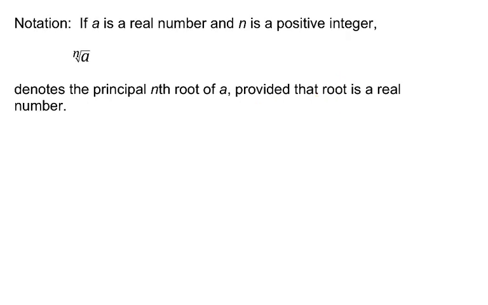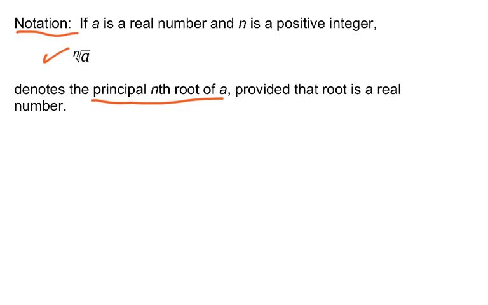Now, I'm sure you're tired of seeing me write out in words that the third root of something is something. So we have a notation, and this is the notation that you've probably seen elsewhere. If a is a real number and n is a positive integer, so that'd be 1, 2, 3, 4, 5, 6, 7, so forth, this symbol you see right here is a symbol to denote the principal nth root of a.